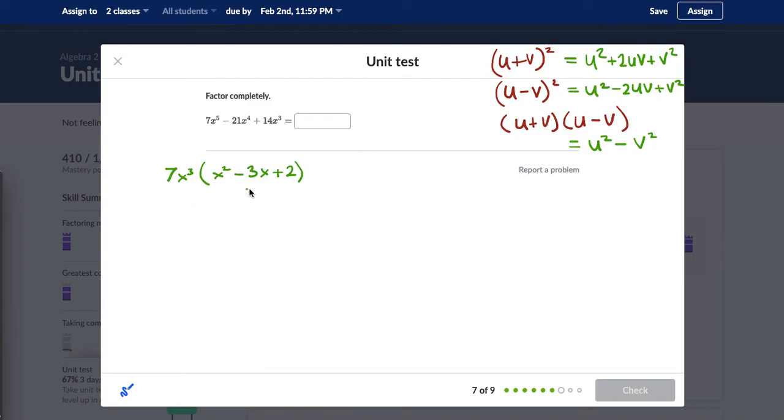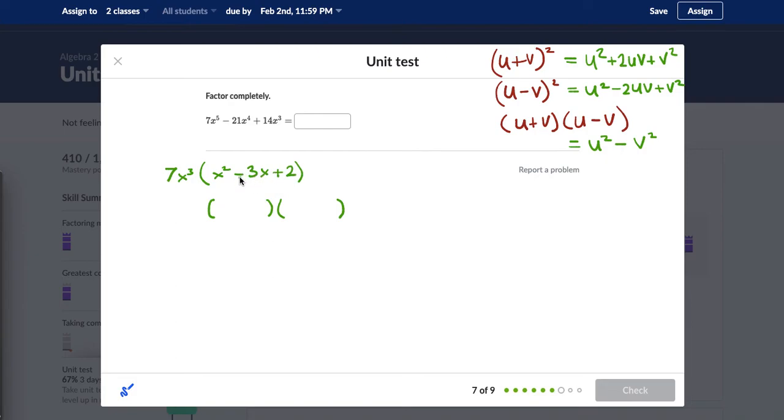So now we can work on the second step here by getting the factors of the quadratic, and it's a simple quadratic with a leading coefficient of 1, so all we've got to do is find the factors of 2 that add up to negative 3. They're both going to be either both positive or both negative.